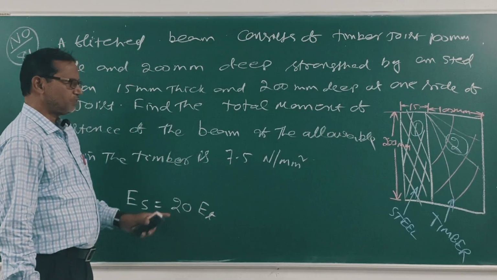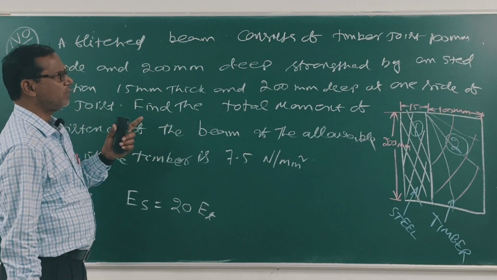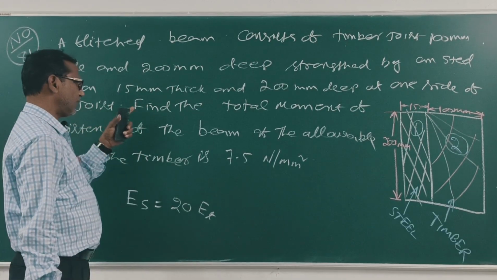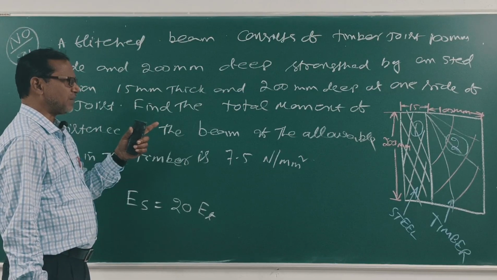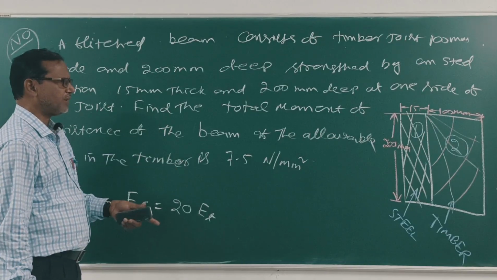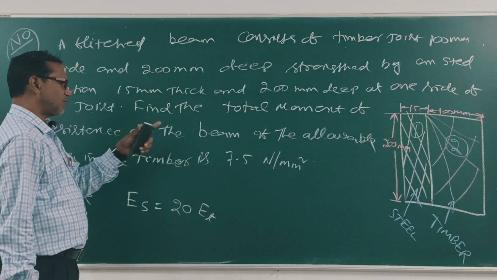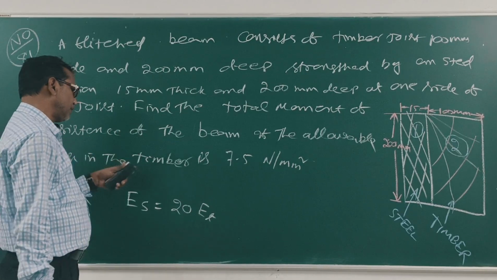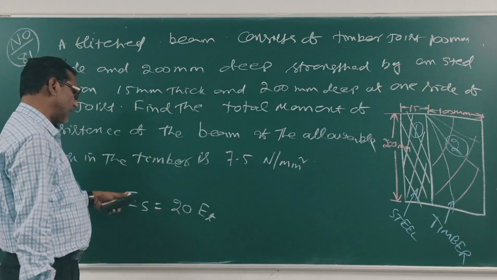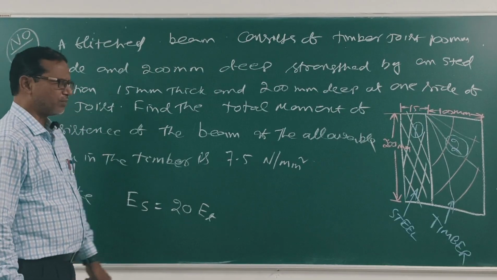Now, this is problem number 81. The question is: a fixed beam consists of a timber joist 100 mm wide and 200 mm deep, strengthened by a steel section 15 mm thick and 200 mm deep at one side of the beam joist. Find the total moment resistance of the beam if the allowable stress in the timber is 7.5 Newton per mm square, and take Young's modulus for steel equal to 20 times Young's modulus for timber.